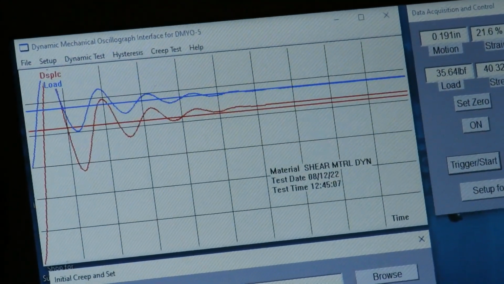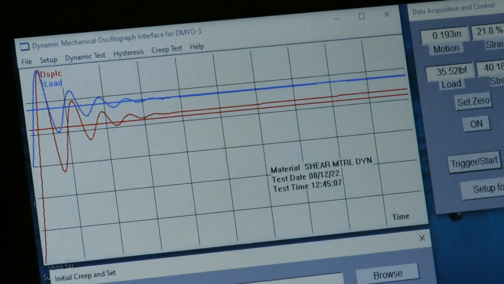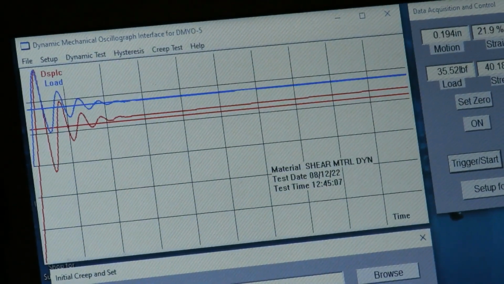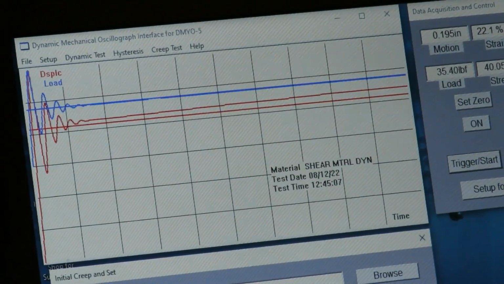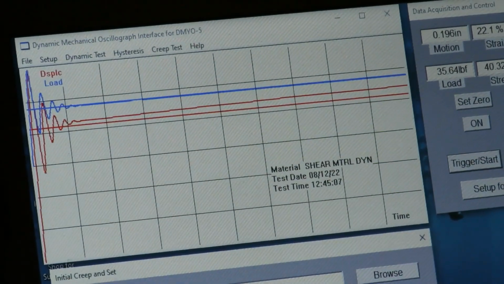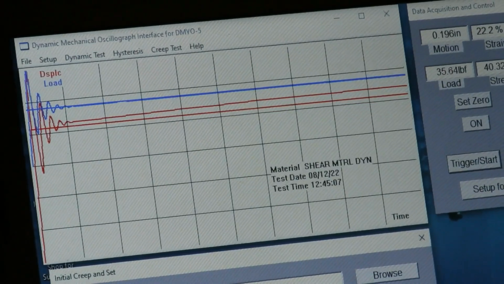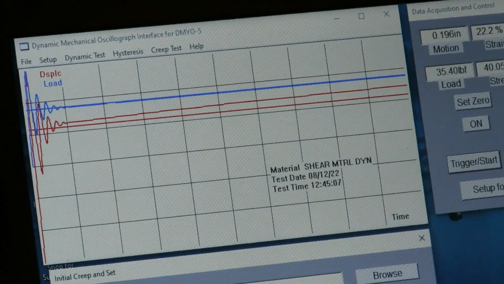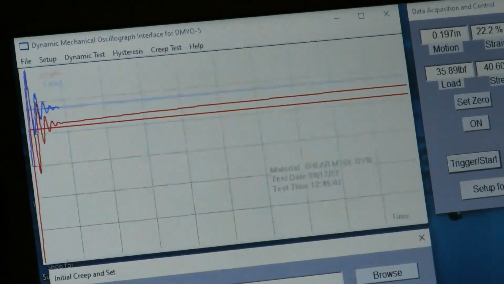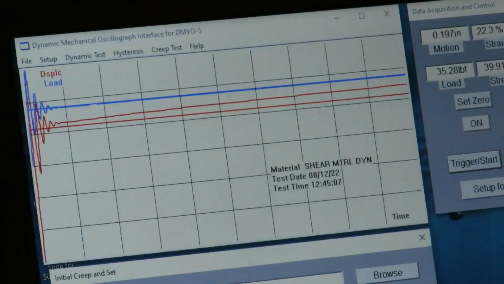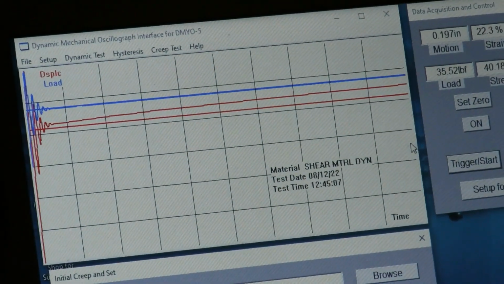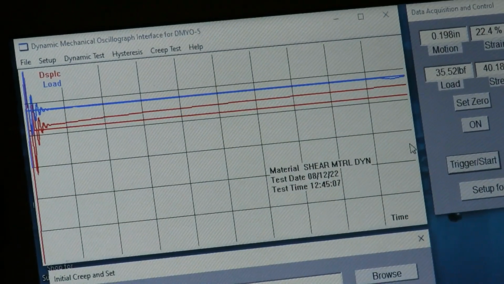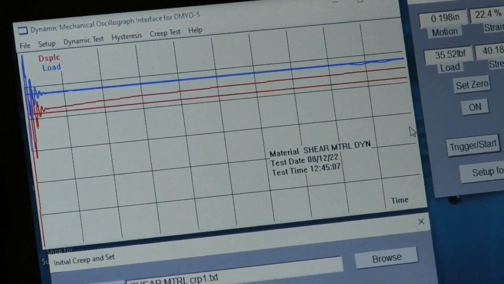Once the creep starts, the plot collapses towards the left, and displacement shows that the creep is actually happening, which we can see a little bit here. As you can see, as the seconds move, the bar graph at the bottom shows the time function.